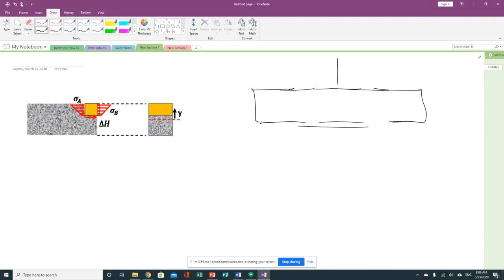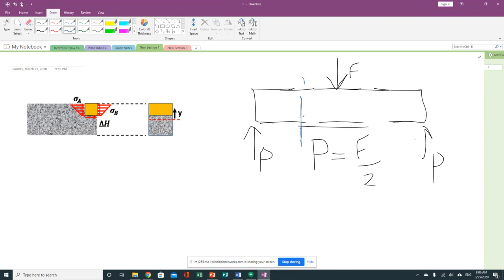So load in the center, supports on the outside. You know that is true. And then I'm going to take a section, say right here. I'm going to get this.